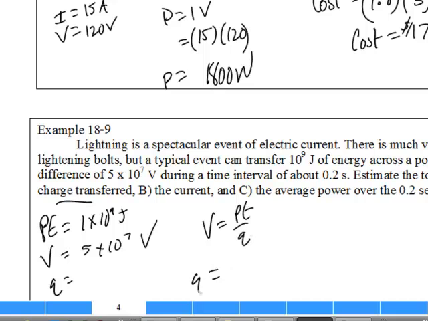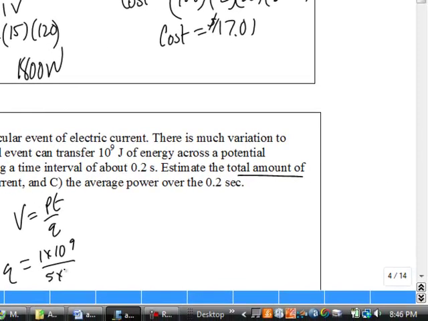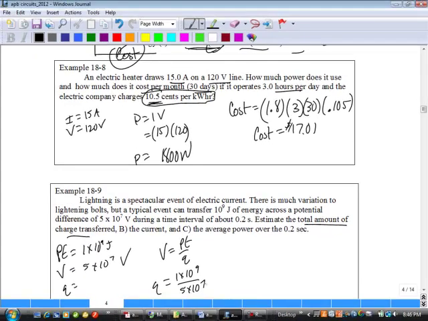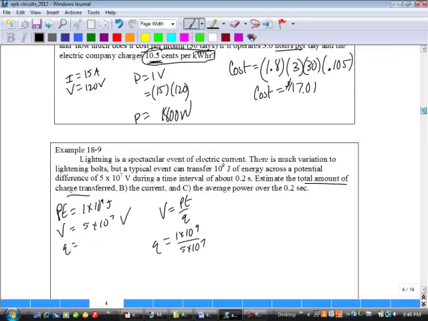And so when I do this math, I'm going to have 1 times 10 to the 9th divided by my volts, which is 5 times 10 to the 7th. I could probably do this in my head faster than I could stick it into my calculator, but I'm afraid I'll make a stupid mistake. And so I got Q to be 20 coulombs.